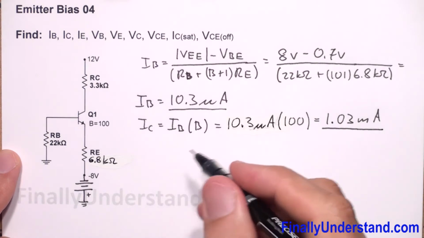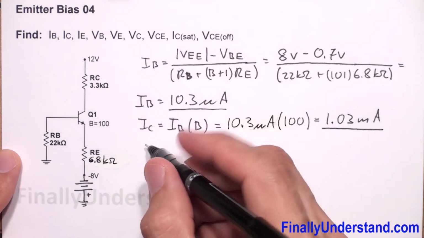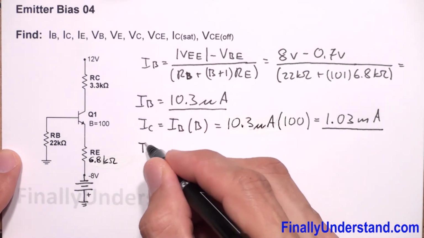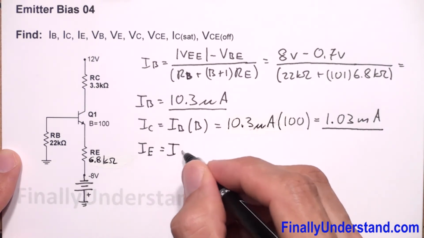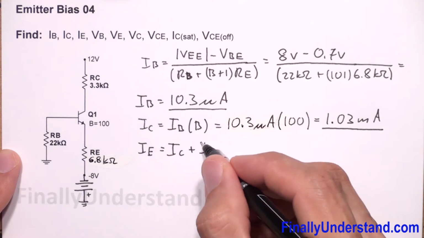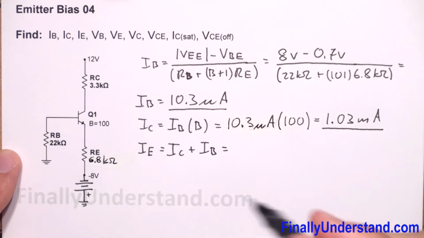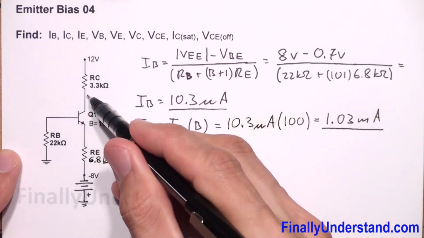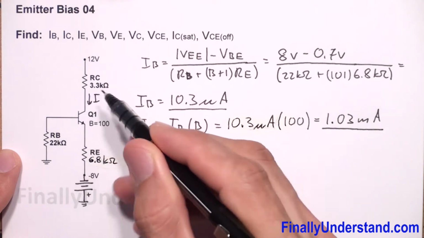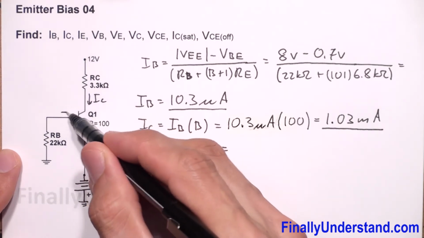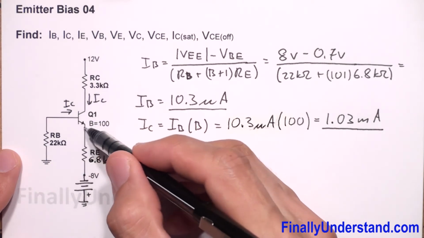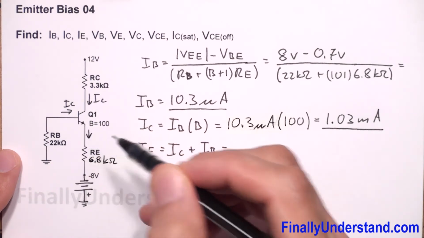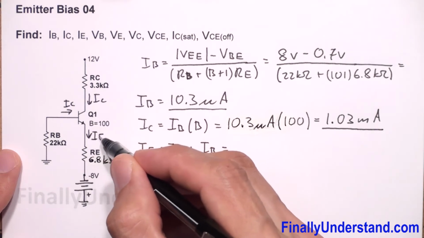Next, I'm going to find current IE. IE is equal to IC plus IB, because these two currents, IC and IB, will meet together and they are going to leave the transistor by the emitter. This is my IE.